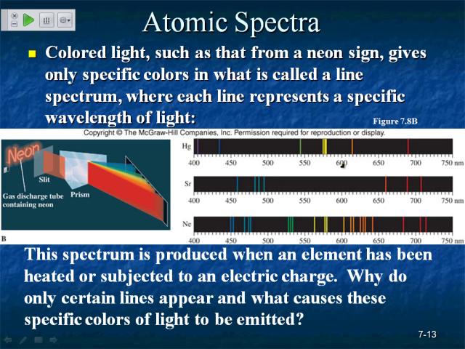Another point to remember is the line spectra of elements is unique, meaning each element has a specific line spectrum. If you look at the line spectra of 2 elements, they will never look the same.